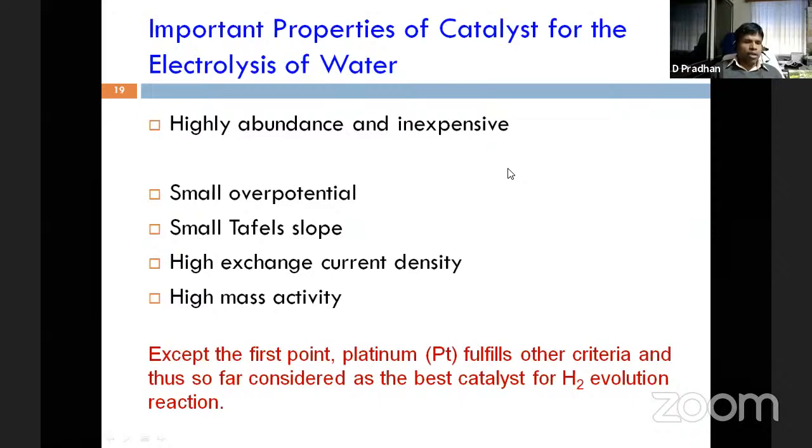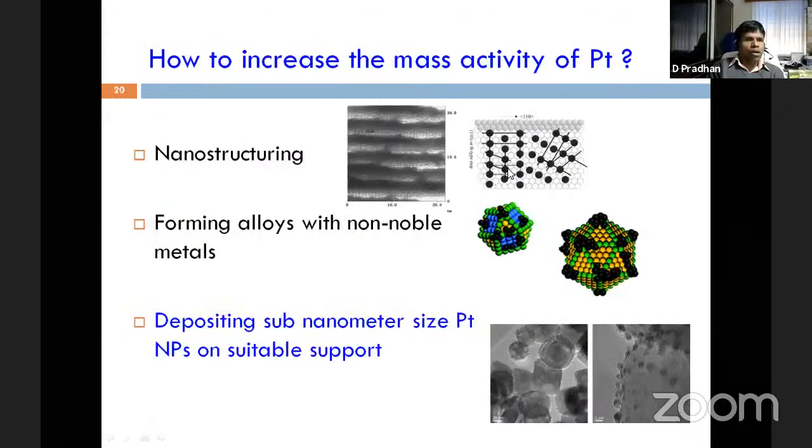As per the literature, as per previous studies, platinum fulfills most of the criteria except that it is less abundant, and certainly it is expensive. Therefore, it does not fall into that category.